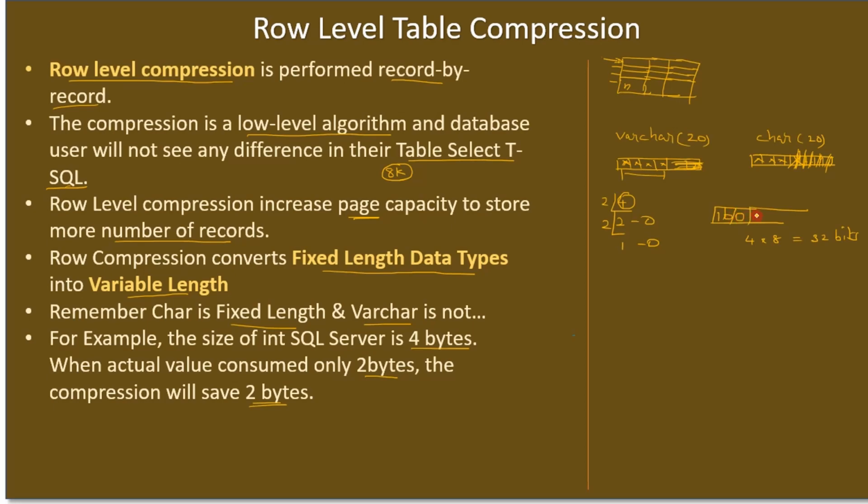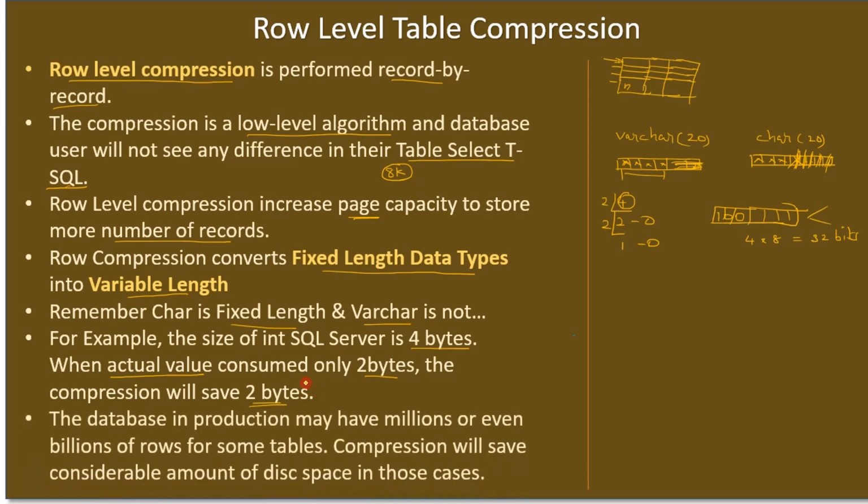So in SQL Server, int is 4 bytes. When the actual value consumes only 2 bytes, whatever we are storing in the int, the compression will save the remaining 2 bytes.